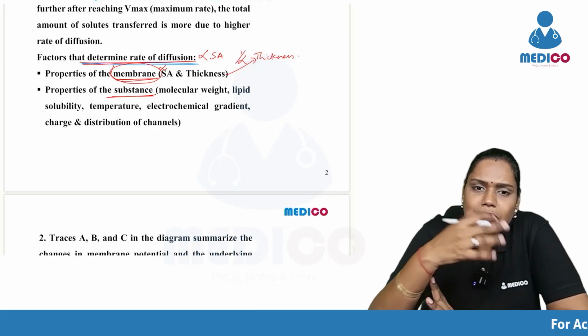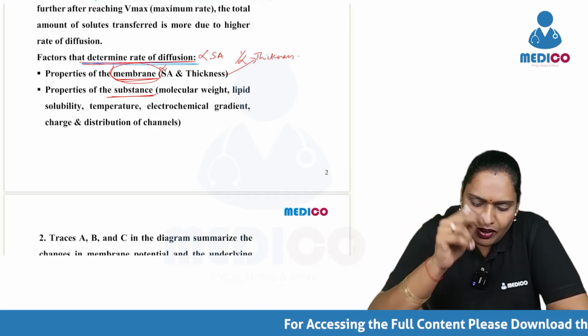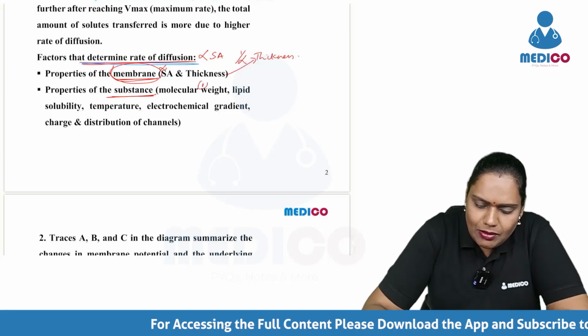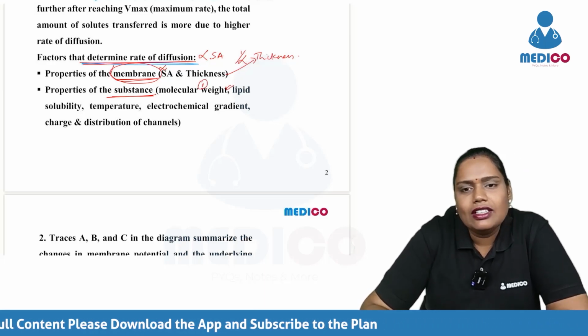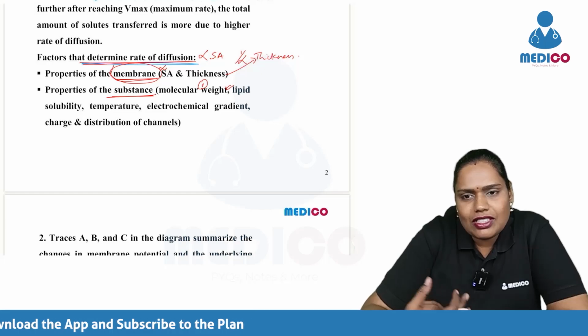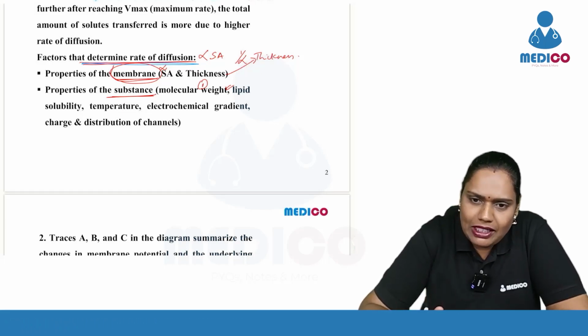Now there are certain properties pertaining to the substance that is transported as well. So what are those things? First and most important is the molecular weight of the substance. If the molecular weight of the substance is more, then the rate of diffusion is going to be less.